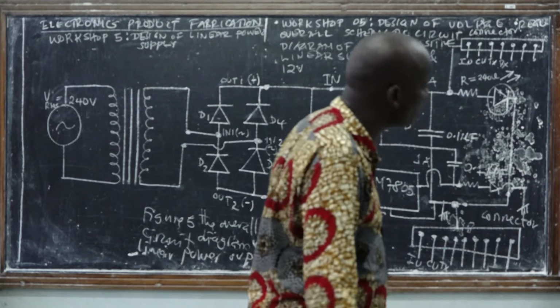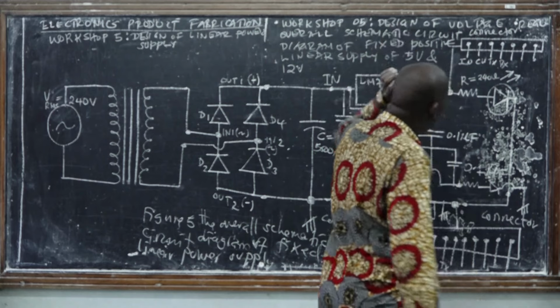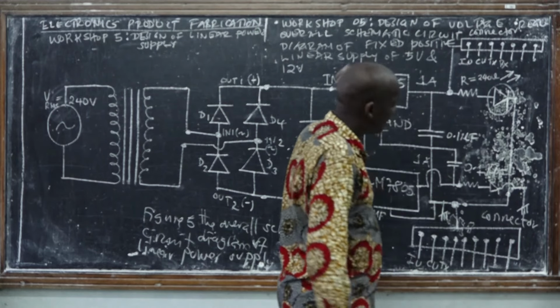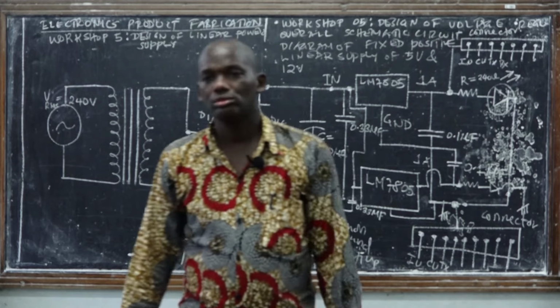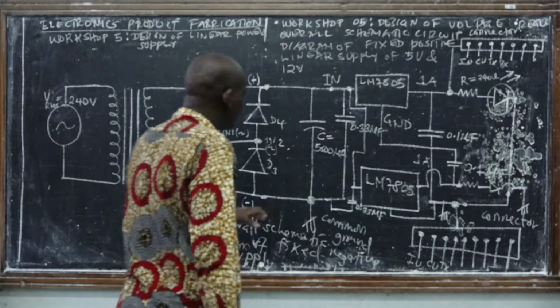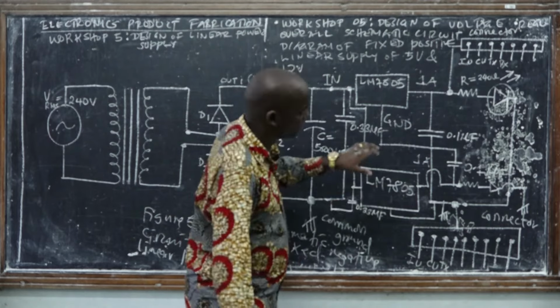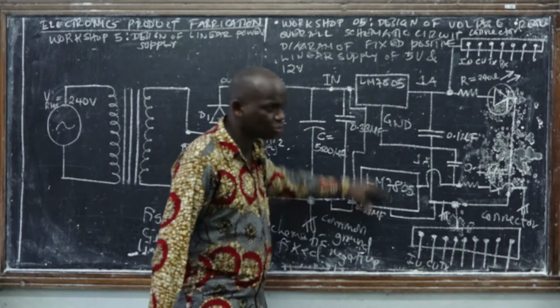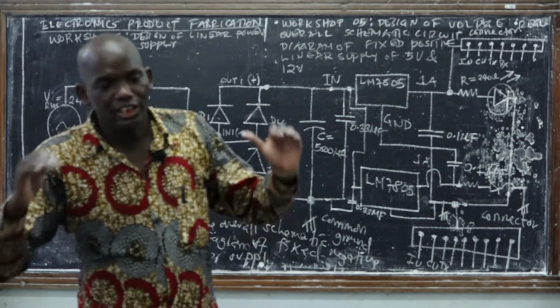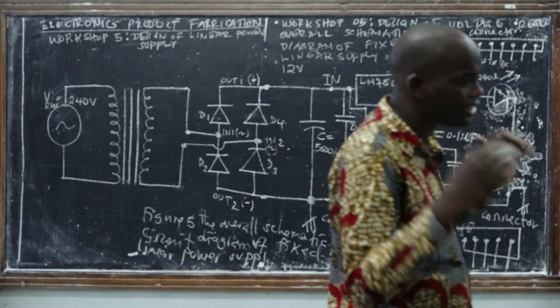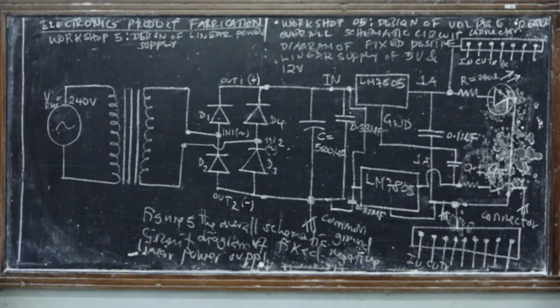Some of the subsystems will be powered by voltage regulator 1, and some other subsystems will be powered by voltage regulator 2. Even if you need 3, you can have voltage regulator 1, 2 and 3. The principle is that you connect them in parallel, and each voltage regulator needs ceramic capacitors of 0.33 microfarad and 0.1 microfarad.